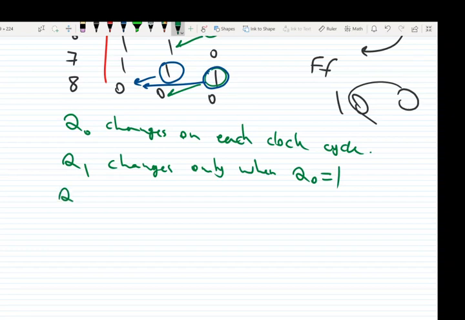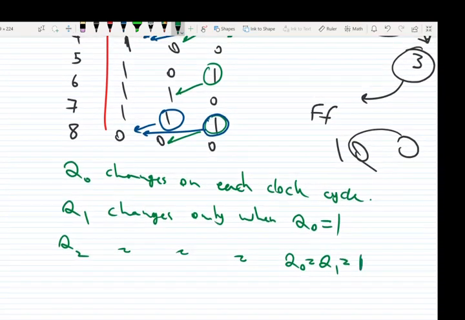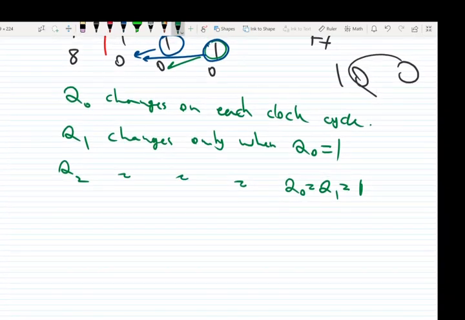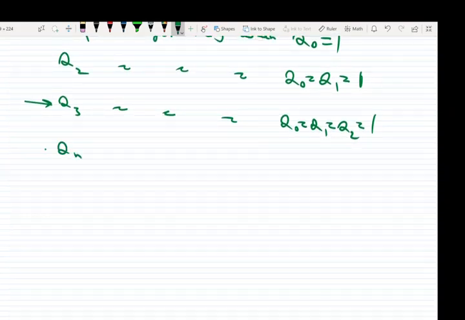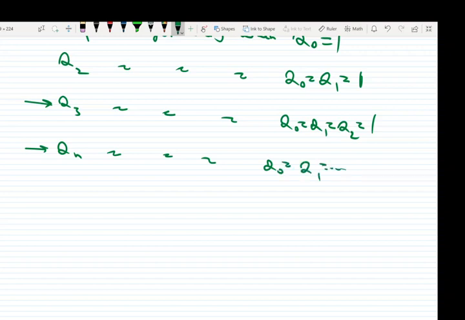If it was a 4-bit counter, we could say Q3 changes only when Q0, Q1 and Q2 are all equal to 1. For an n-bit counter, Qn changes when Q0 through Q(n-1) are all equal to 1.